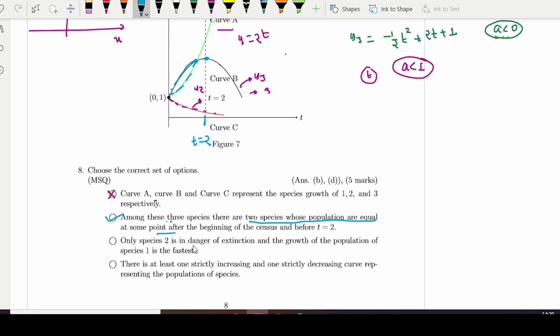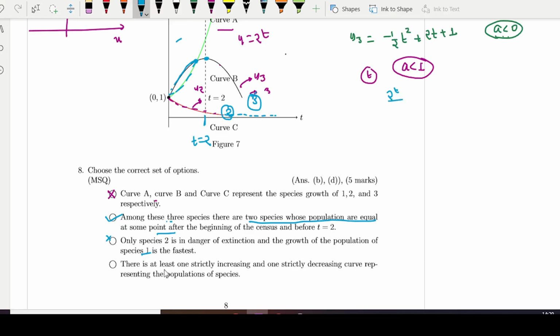So this is not the correct answer. Both species 2 and 3 are in danger, so this statement is incorrect, although the growth of species 1 is the fastest. Okay, 2 to the t.